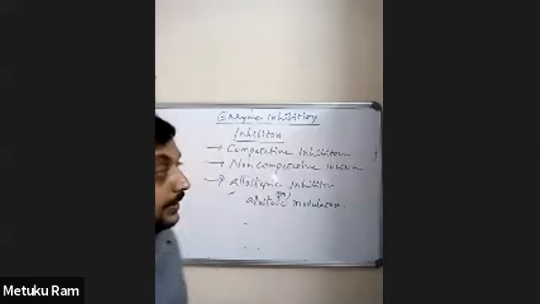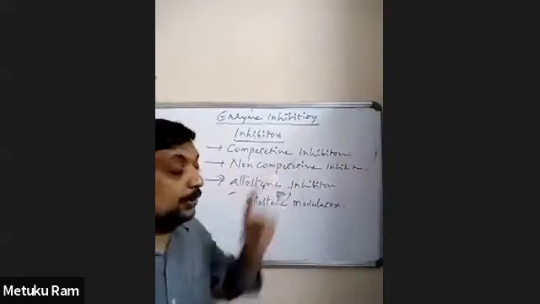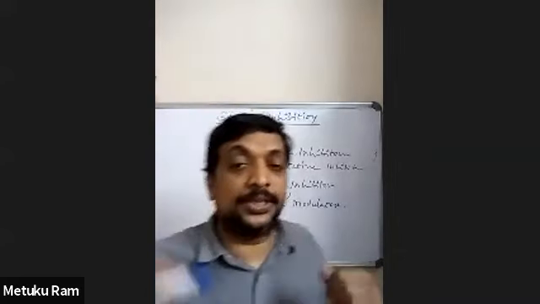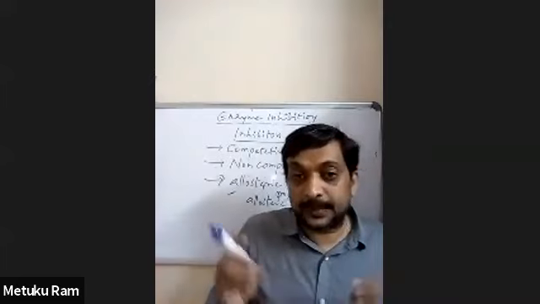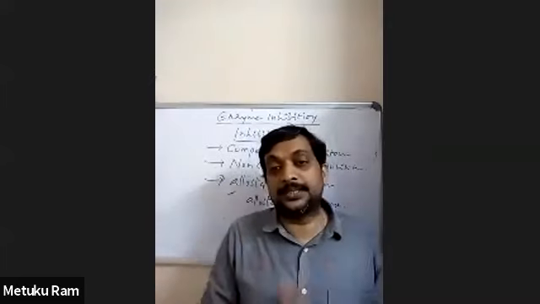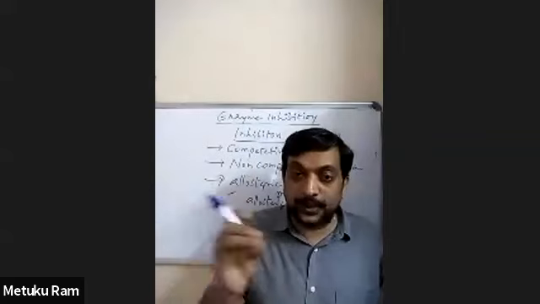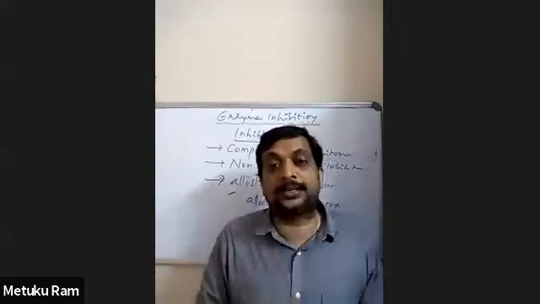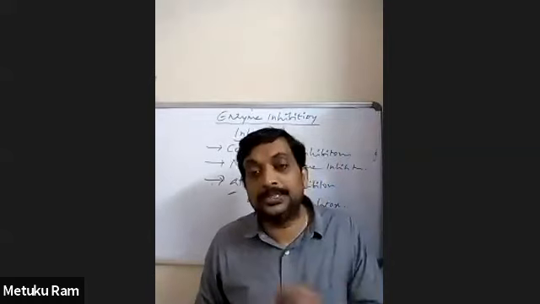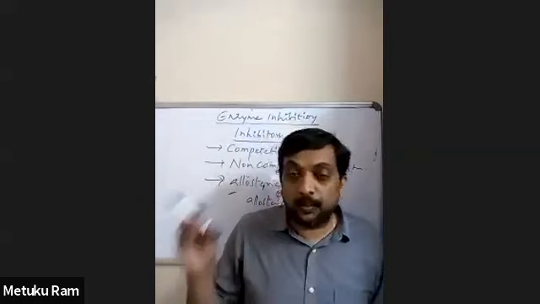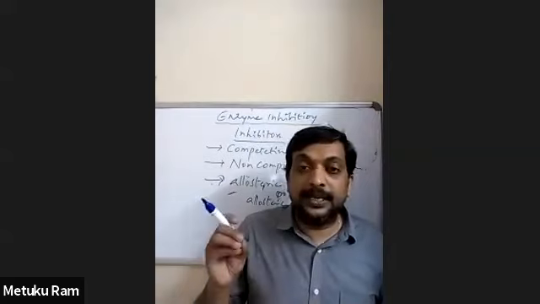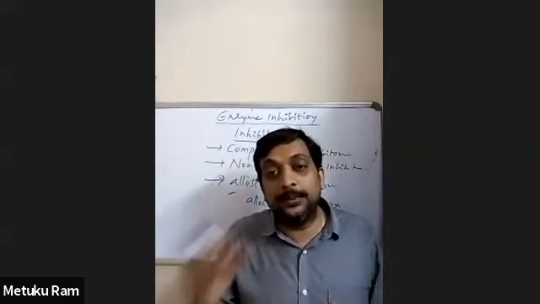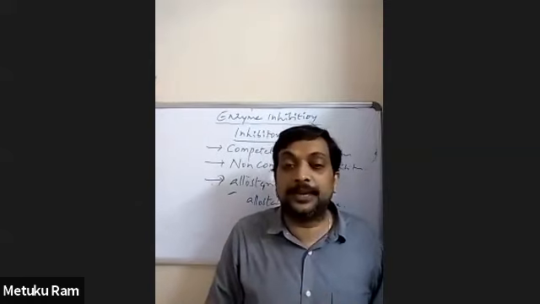So let's start here. A competitive inhibitor. So what are inhibitors? Now in general, what is a substrate? A substrate is a chemical substance which binds with the enzyme active site and is converted into product in the case of normal enzyme substrate reactions. But what is an inhibitor? An inhibitor is a substance or a chemical which inhibits the rate of enzyme reactions.